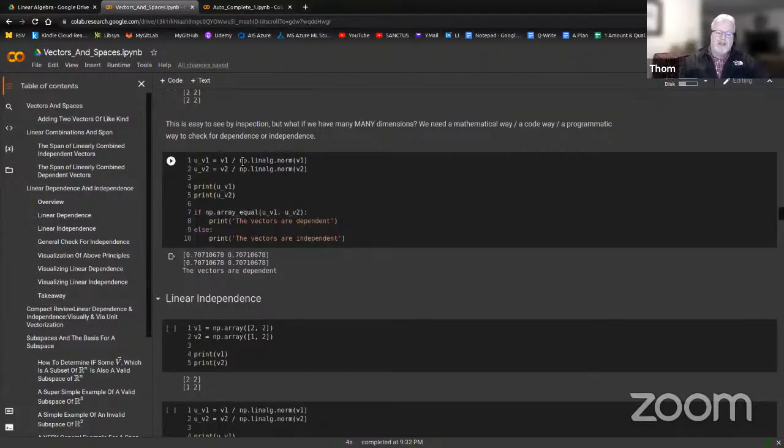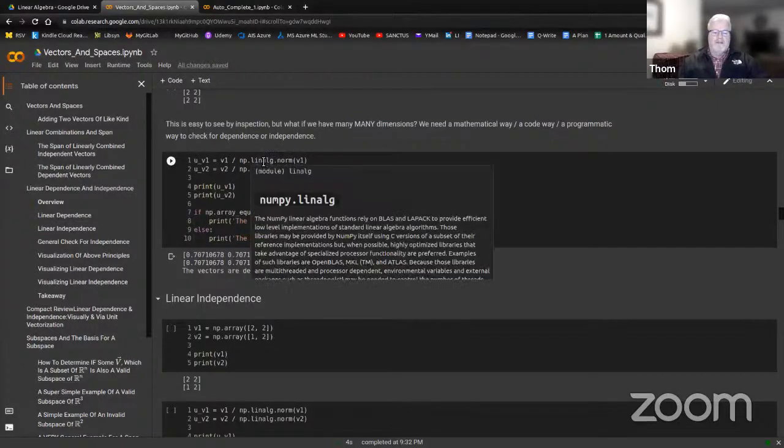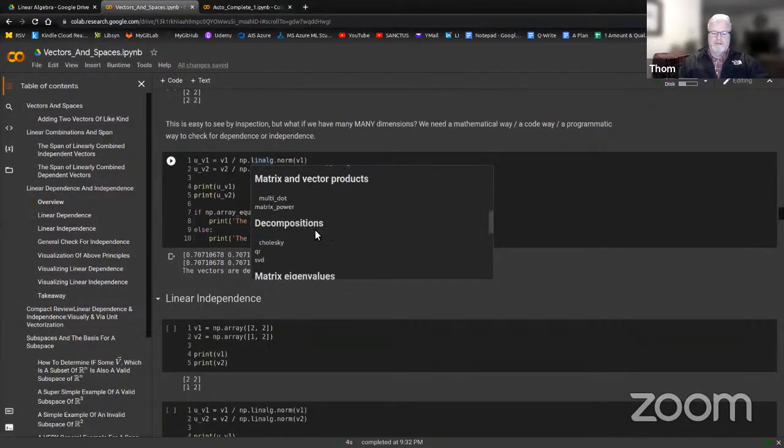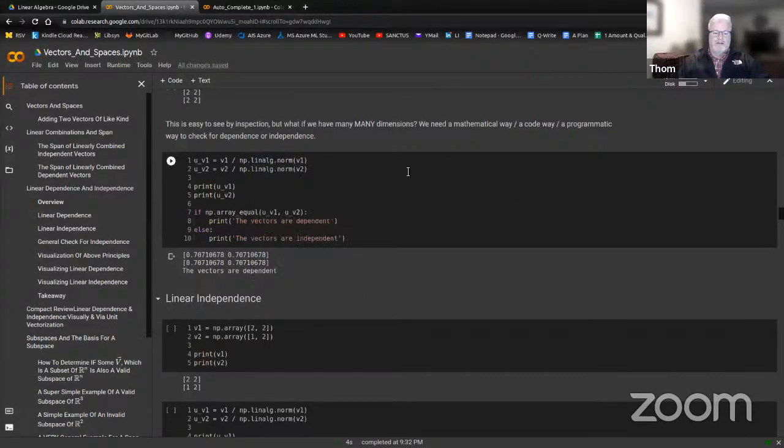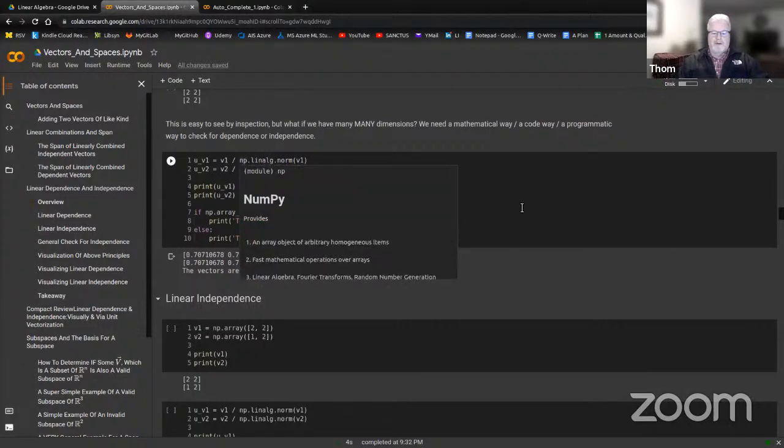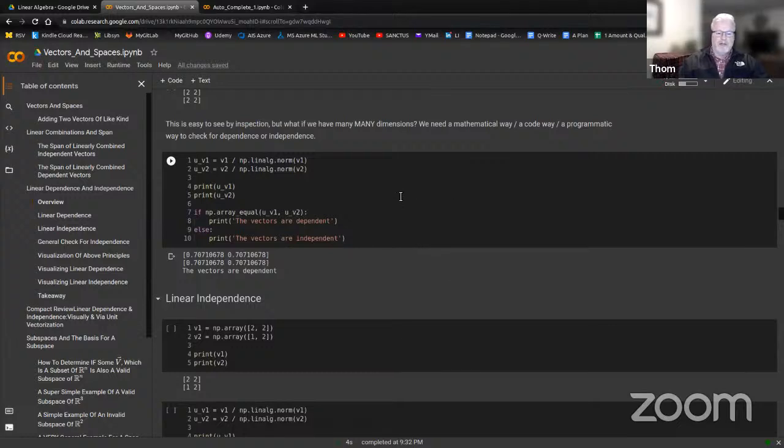And this is why I introduced you to creating unit vectors, because that's going to be really important also. Oh, just a fun thing. You hover over this and it'll give you some help about the linalg module from NumPy. That's true of anything you hover over. So that's a nice thing when you're in Google Colab.